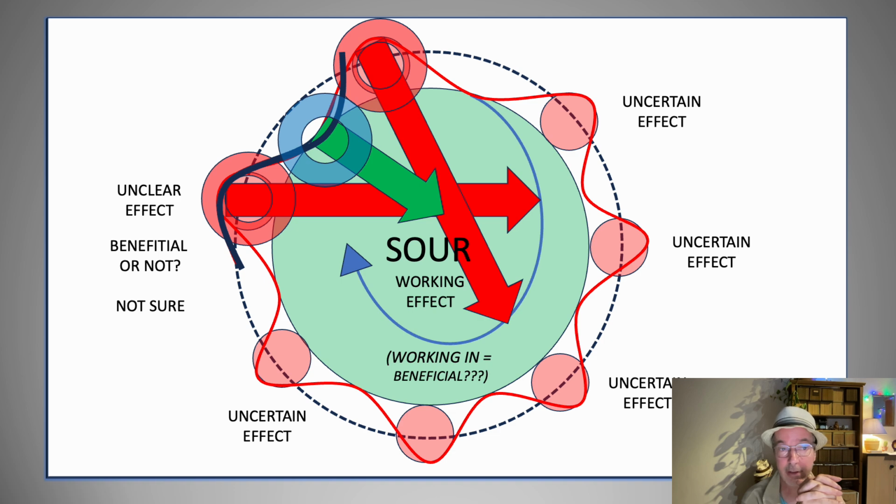Let's say it is the environmental starting point from the S where it starts from. Half of it is out of reach. So you don't know if it has a clear effect, a good effect, if it's beneficial or not. You're not sure, you can't know. But it all comes to you and it's all connected. The sour is this sensitivity of all of it.